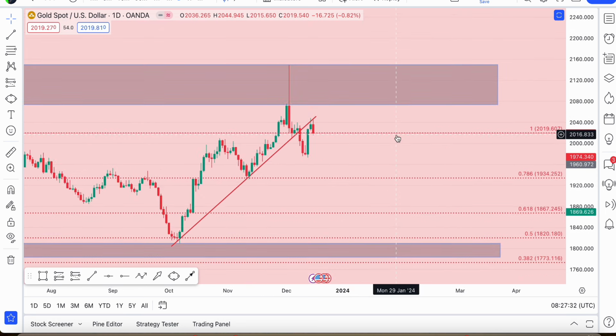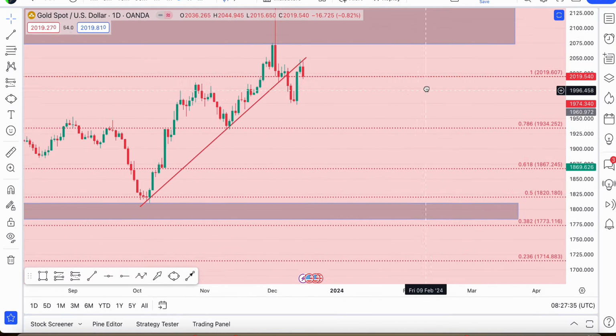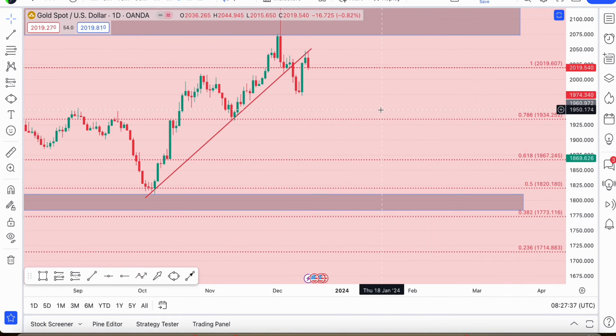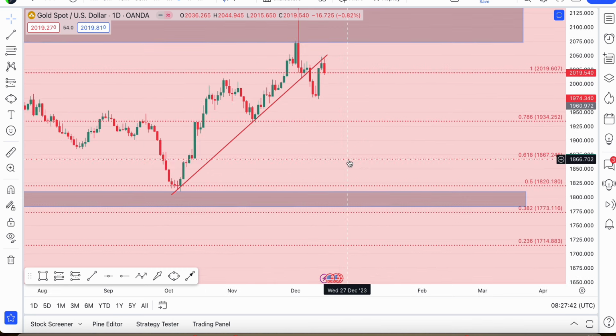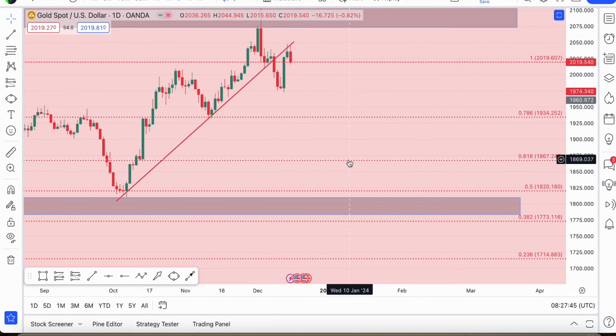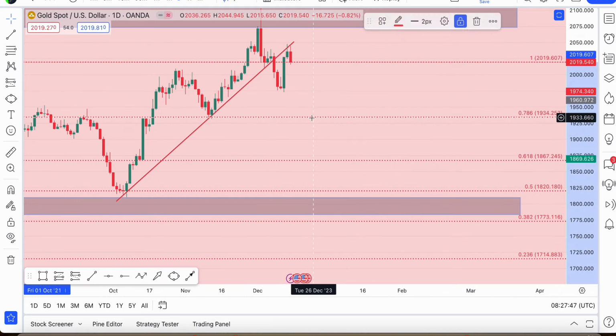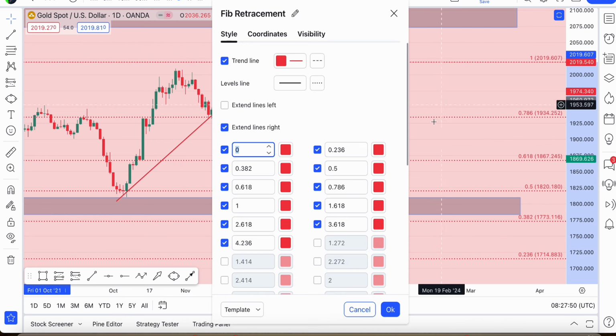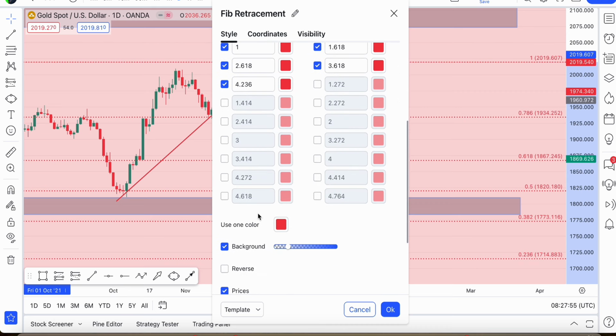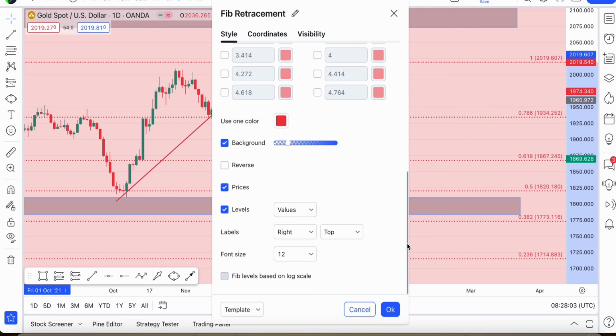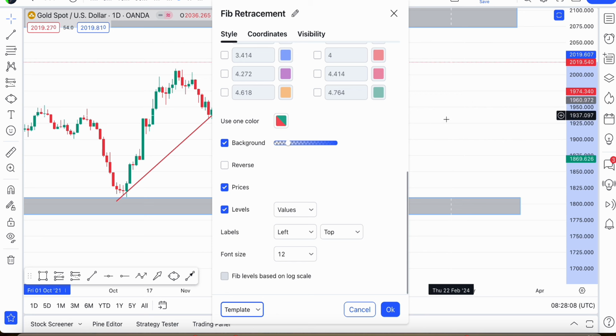I wouldn't know whether the upcoming news would have this movement happen for us, but again, this is what the tool is showing us. Let me see if I can return this back to its colors. I want to use multiple colors. I want to return it back to default values. Yes, apply default. Yes.